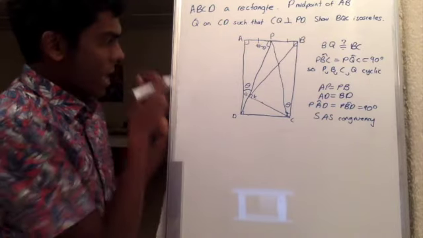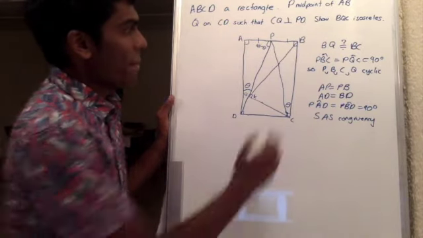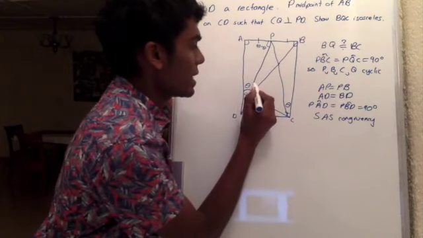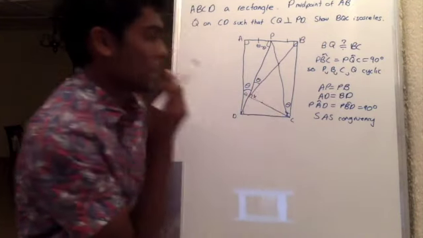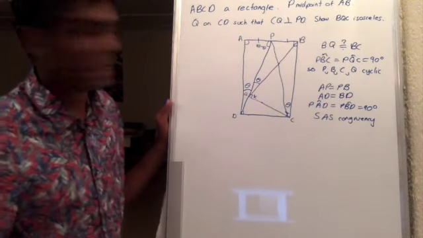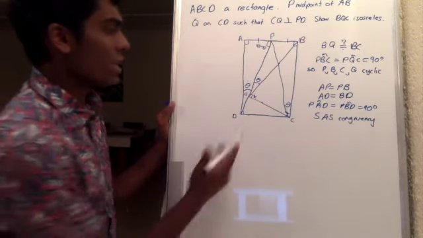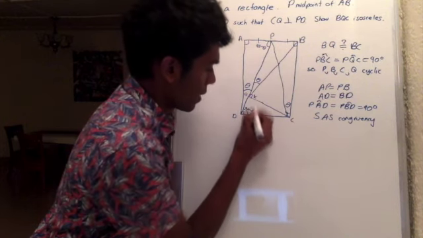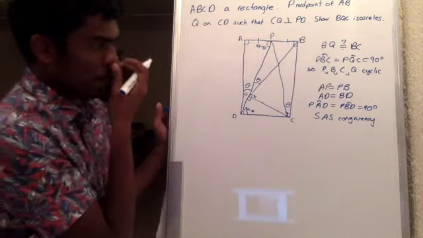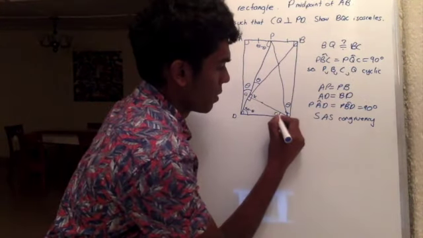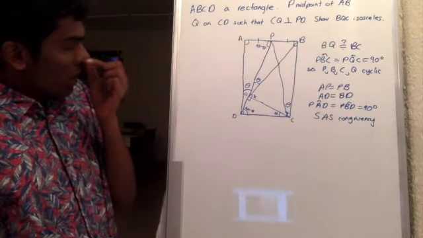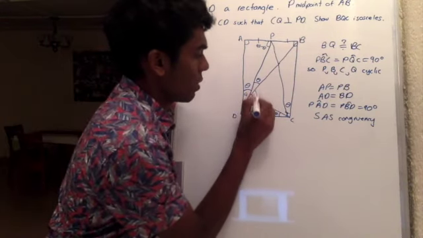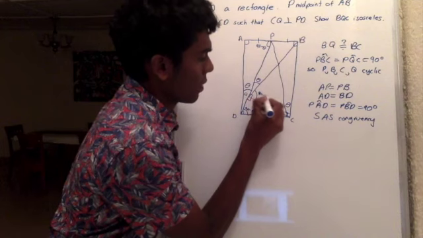And we also have that because of this cyclic quadrilateral, this here is also theta. Starting to get quite a few thetas. So this is theta. Now this one here is 90 minus theta. Remember, this is also 90 degrees. So this is theta. Great. So this angle here is 90 minus theta.